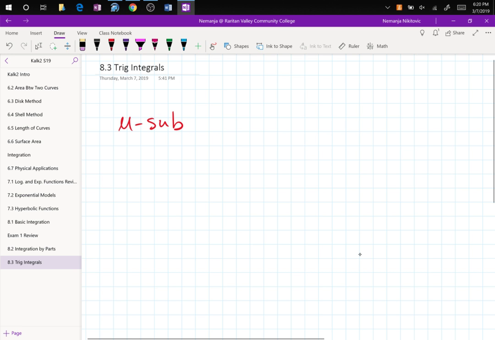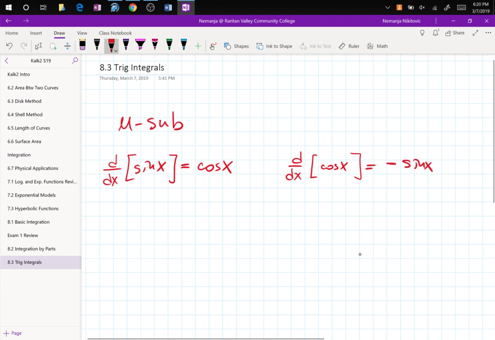So u sub, and now we have the derivative of sine x is cosine x. The derivative of cosine x is negative sine x.